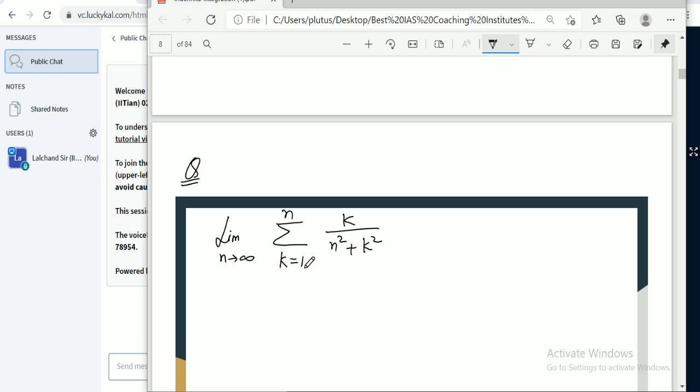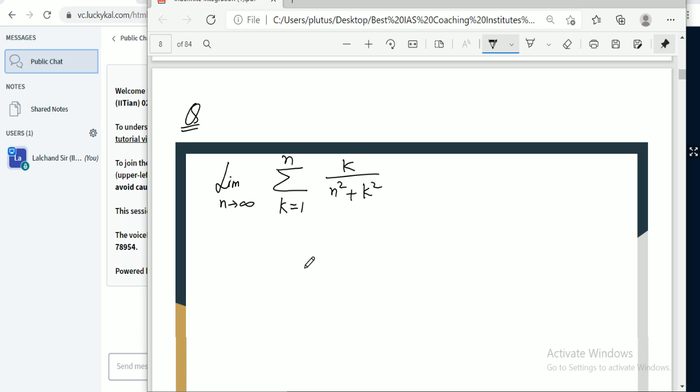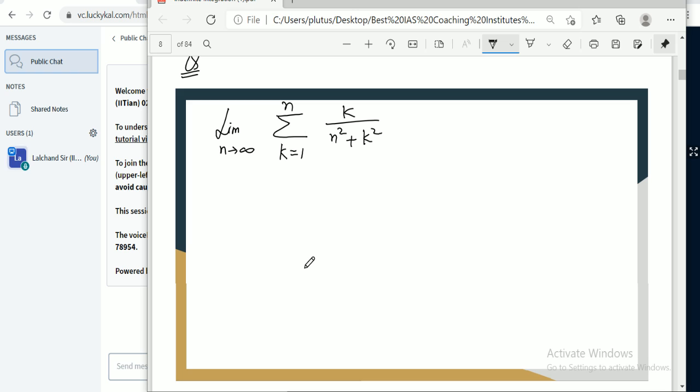Okay, look. I told you first we need to convert this sigma into an integral. To do that, first we need to take n square common from the denominator.